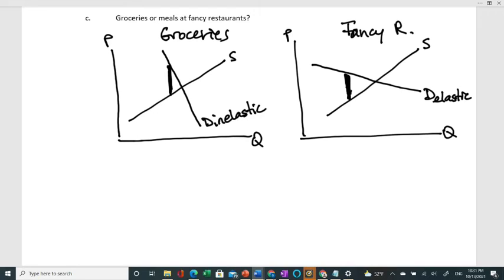And when we color this area, we can see which deadweight loss is larger. As we see here, the deadweight loss in the fancy restaurant market is larger, and the deadweight loss for groceries is smaller.